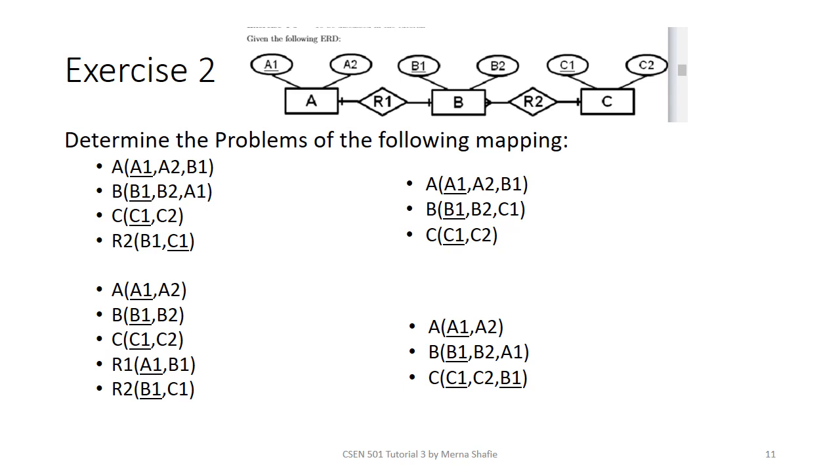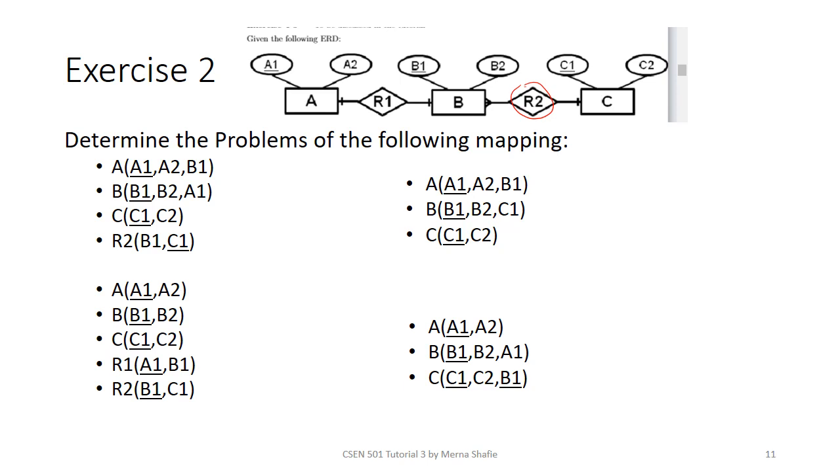And we have the B entity, which is also mapped into a standalone relation with B1 as the primary key, B2, and A1 as a foreign key. C has C1 and C2, and C1 is the primary key. And they mapped the R2 relation into a relation on its own, with B1 and C1 as the primary key in this case. Okay, let's see the problems of this mapping.